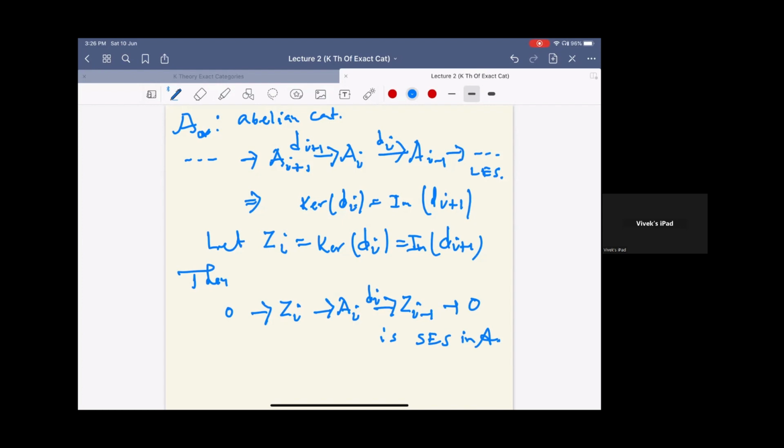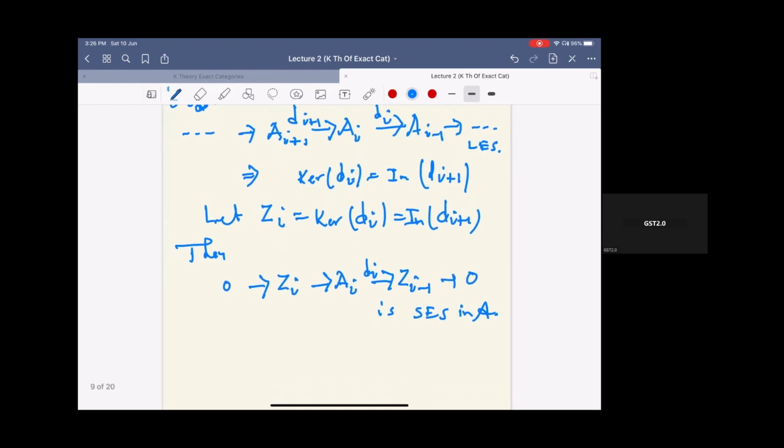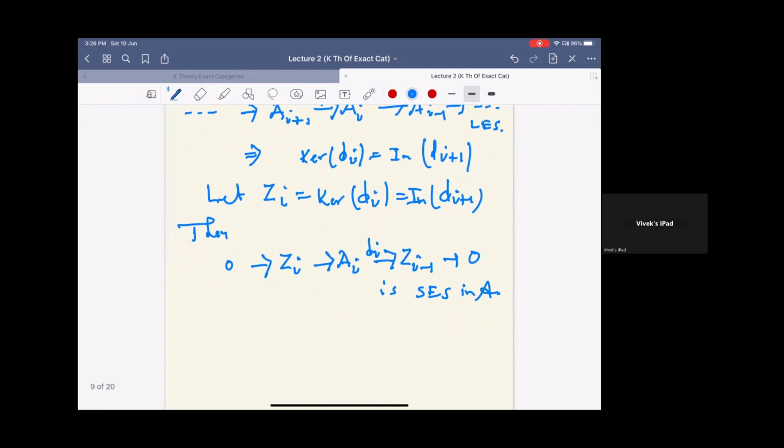Am I audible, right? Yeah. Okay. So given a long exact sequence in an abelian category, you can split it into short exact sequences.